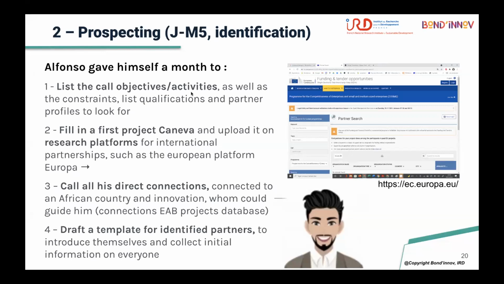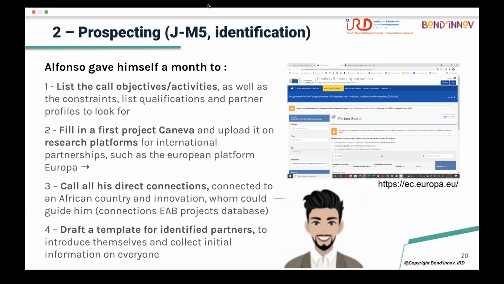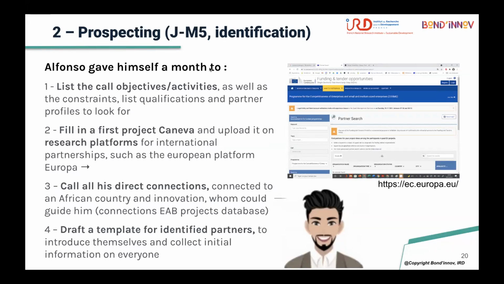So in Europe, for example, for the European call, and for some other calls in the world, they have a dedicated platform to post a request for partnership or to discover partners that are looking for a consortium.